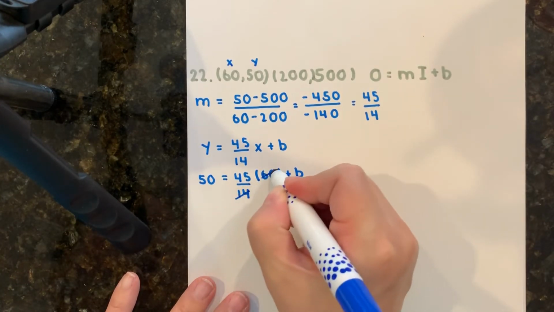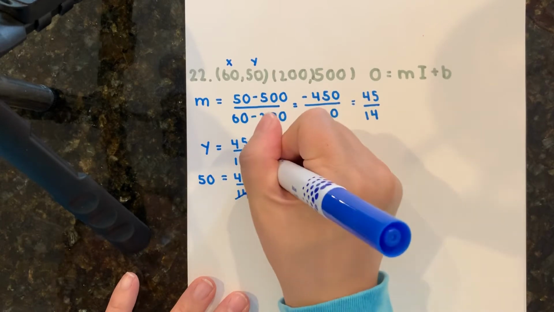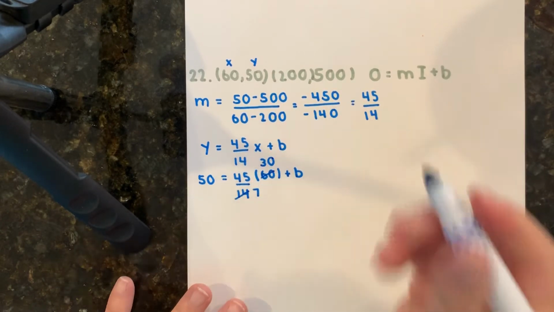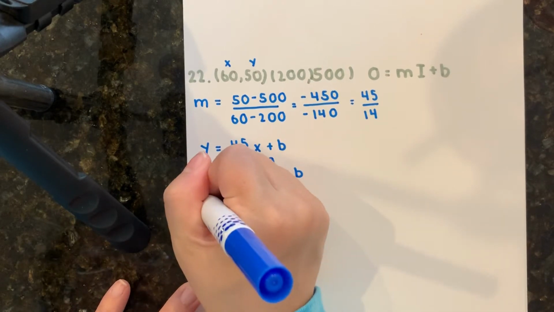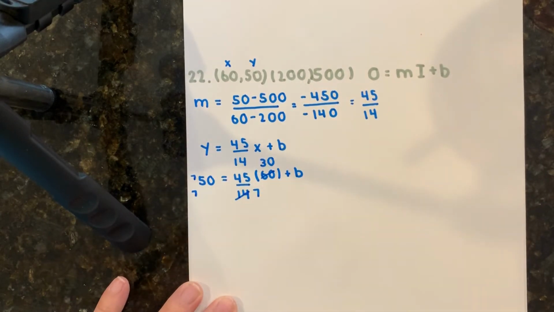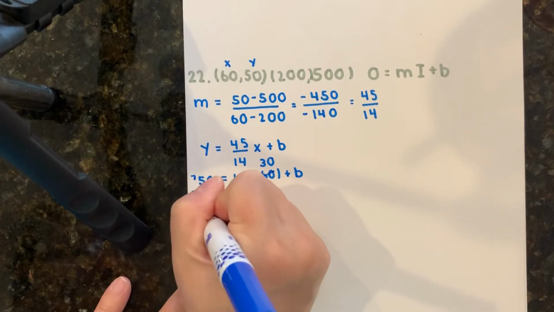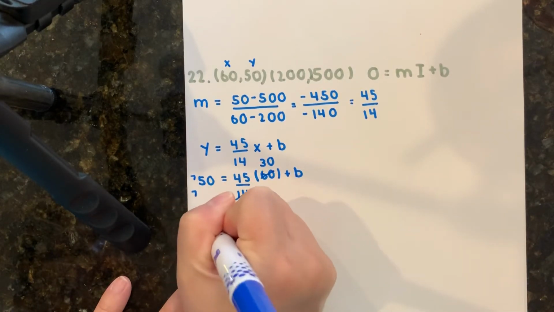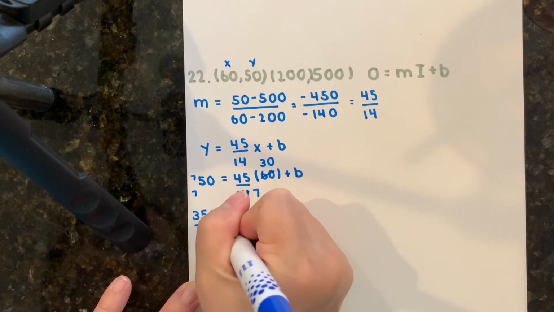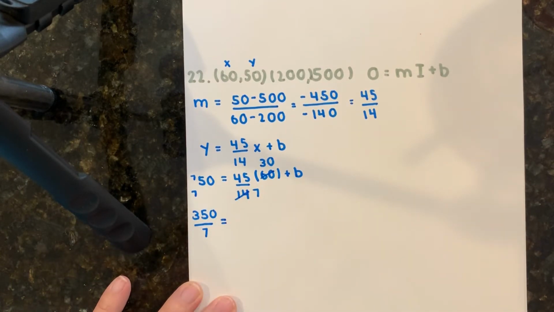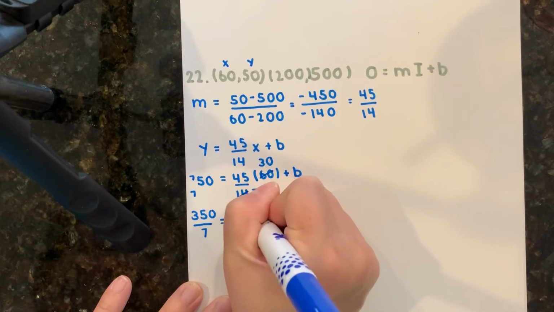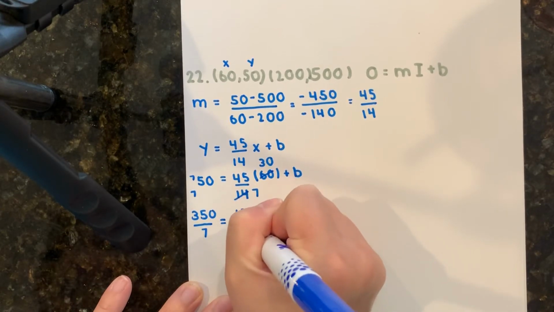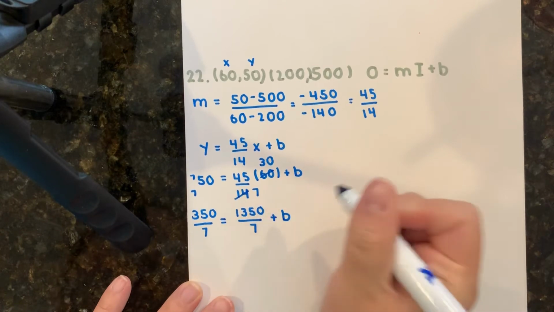Now 14 and 60 I could reduce by 2. And then I'm going to put this over 7 as well. So 7 times 50 would be 350. So 350 over 7 equals 45 times 30, which is 1350 over 7 plus b.